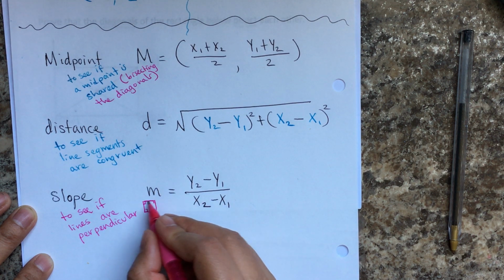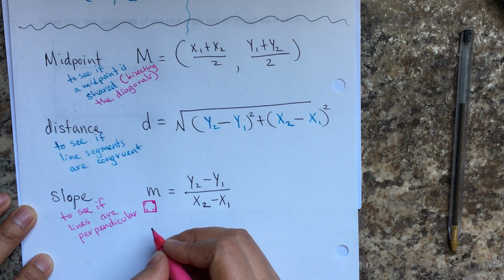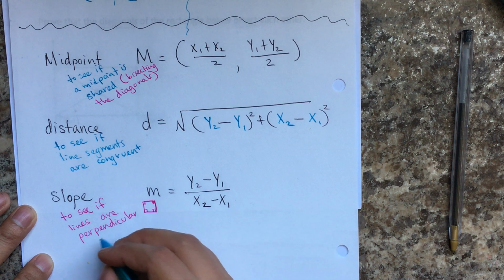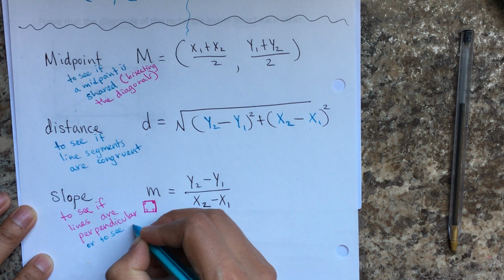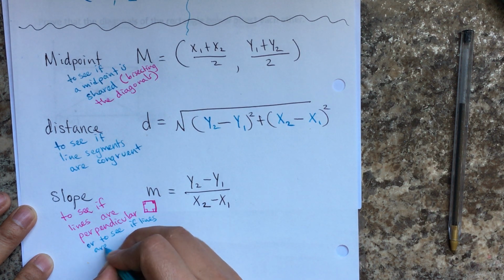So this is perpendicular to this line, meaning that they form 90-degree angles. Or it can help us to see if lines are parallel.